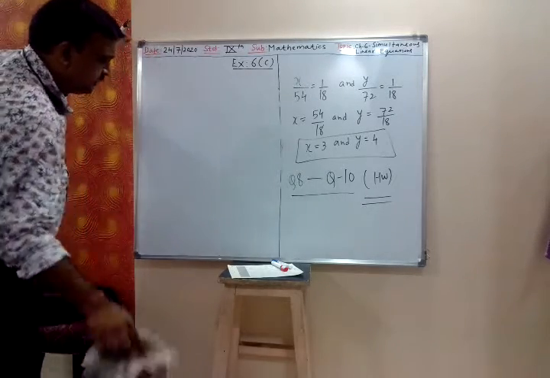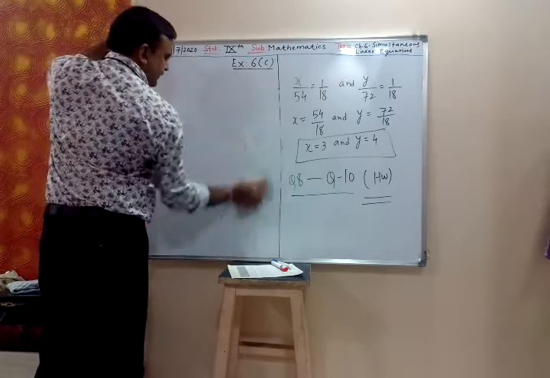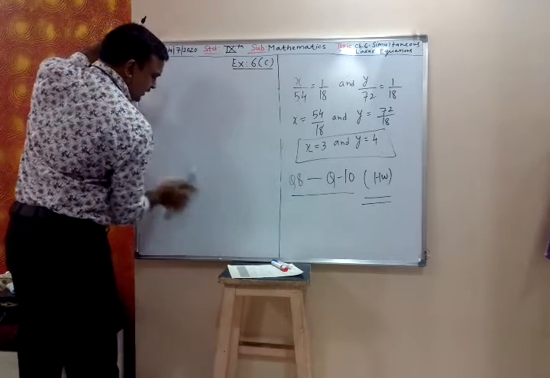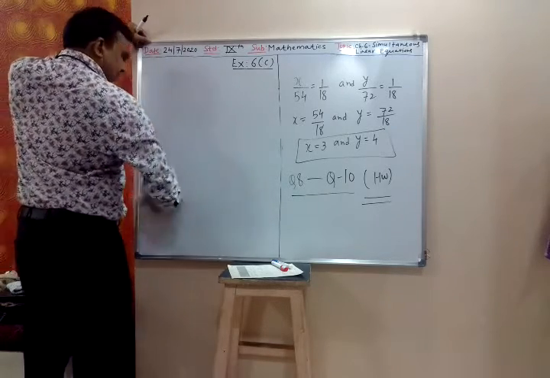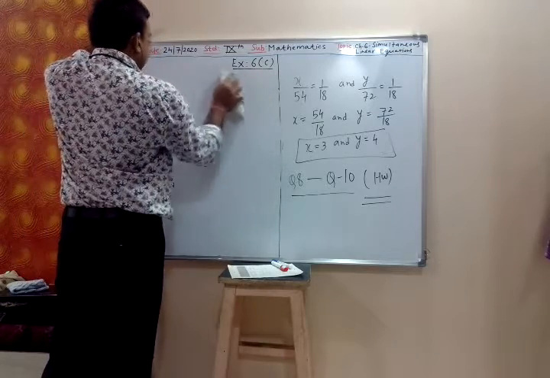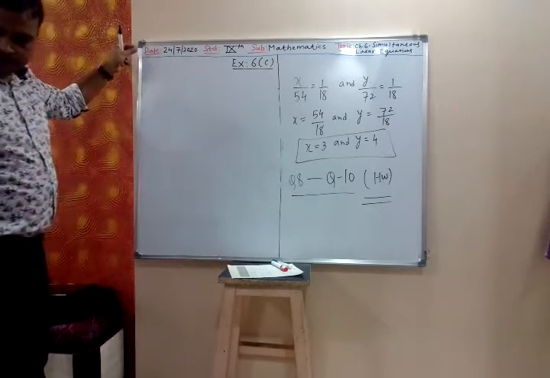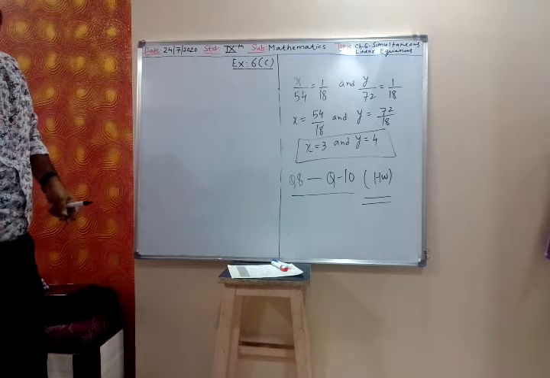Question 11, 0.4x. It is not new one. Question 11 is not new, or it is not different, but it is given in the decimal, so I am solving that.